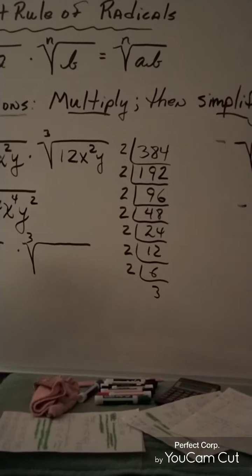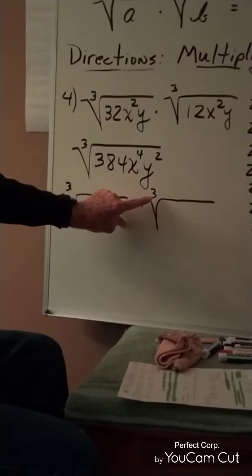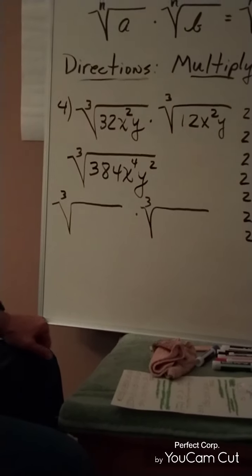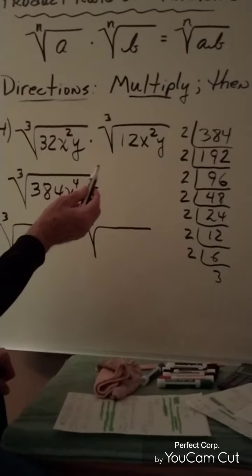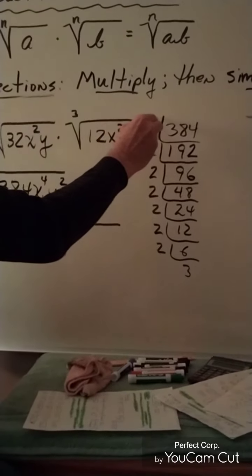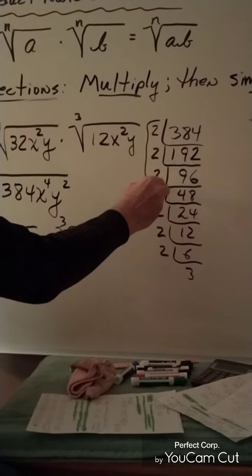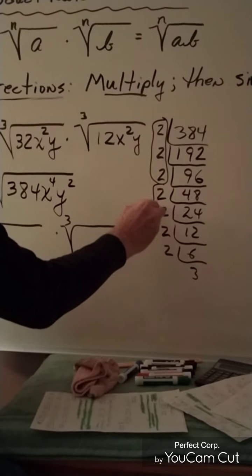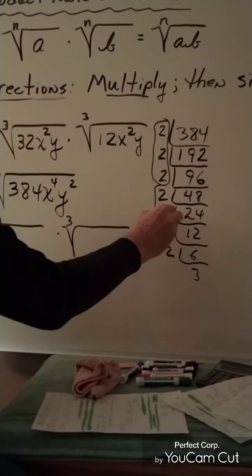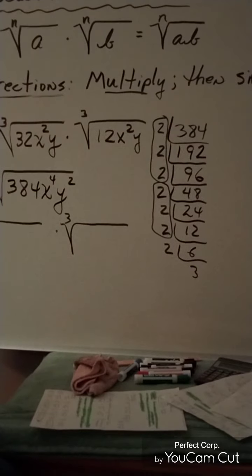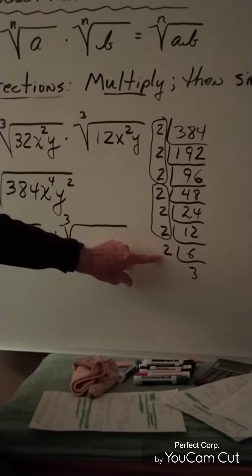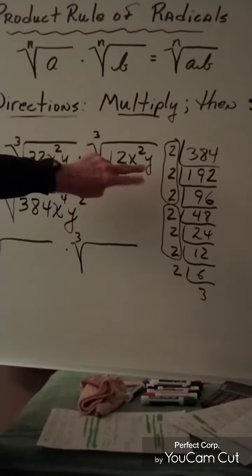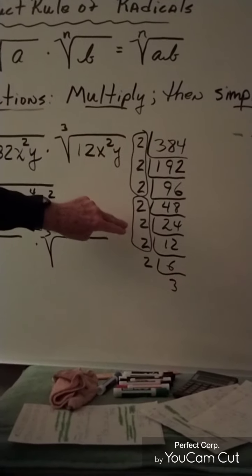Now let's first of all honor the fact that the index is 3, so we need 3 of a kind. Well, there is 3 of a kind, and here is a second 3 of a kind. Those are our leftovers. I'm not going to look at each one of those separately.